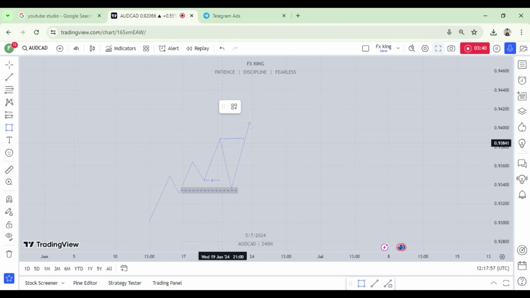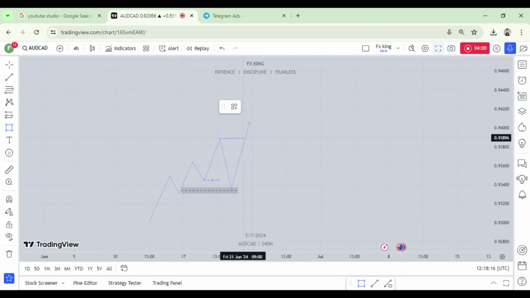Without this inducement, this break of structure will not be valid. Without this inducement, this entry here will not be valid. If this inducement is not taken out, your entry is not valid. If you decide to trade without inducement, you will be induced in all of your trades.